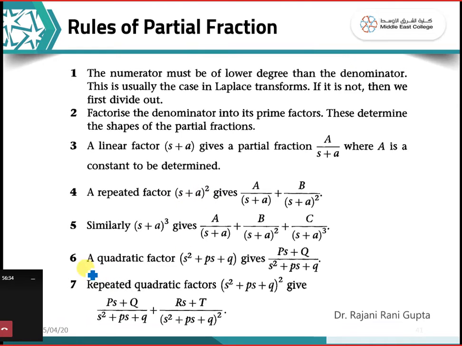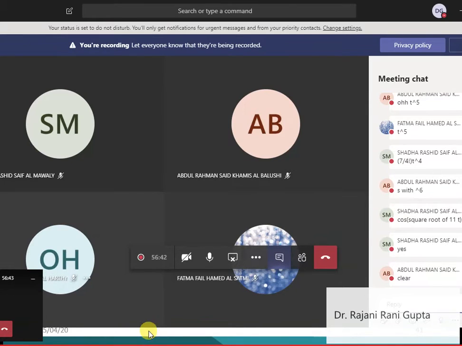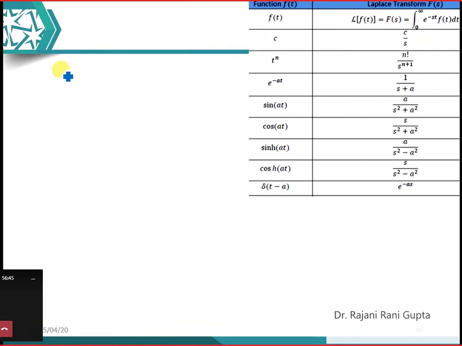Now next, we have rules for partial fraction. We will work on these things when we come across this kind of term. Say if you have to find Laplace inverse of 1 over s plus 1 times s plus 2. So now it is in multiplication. You cannot use this rule twice.